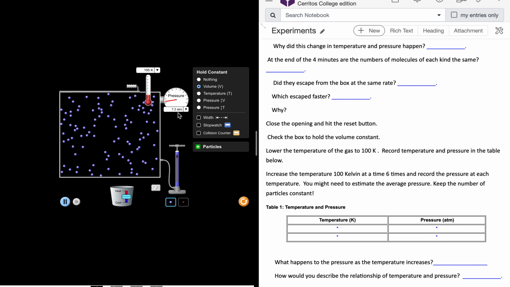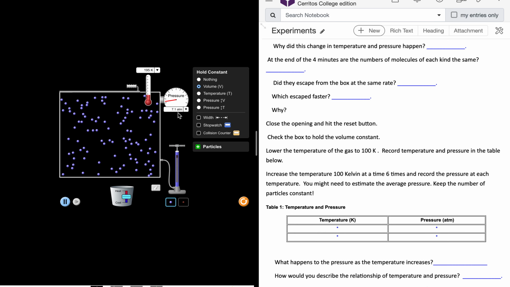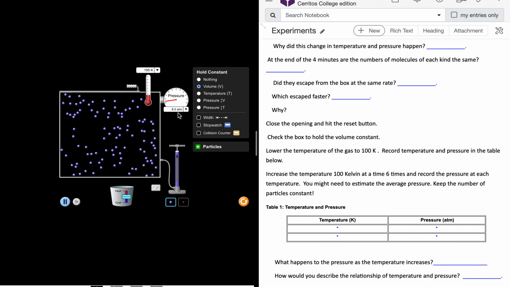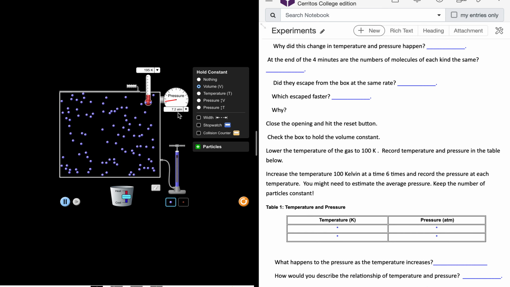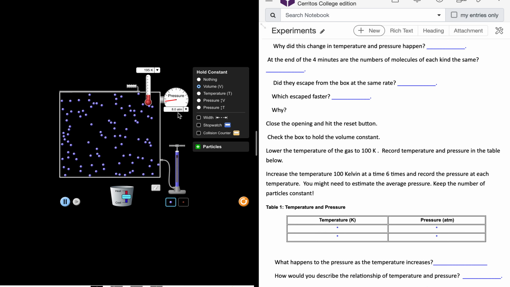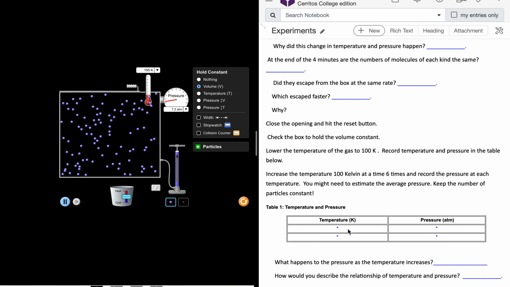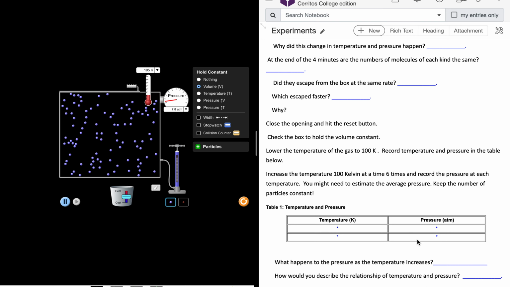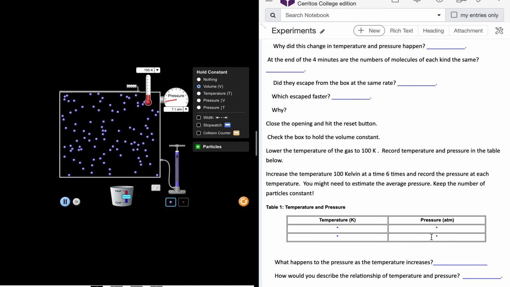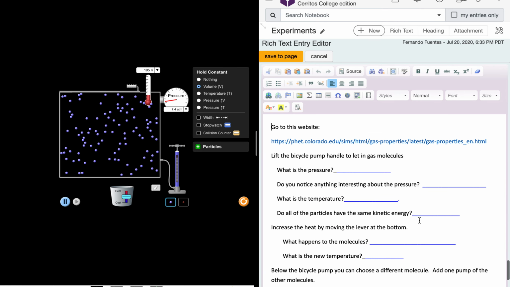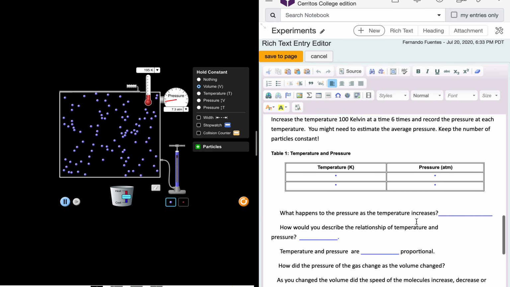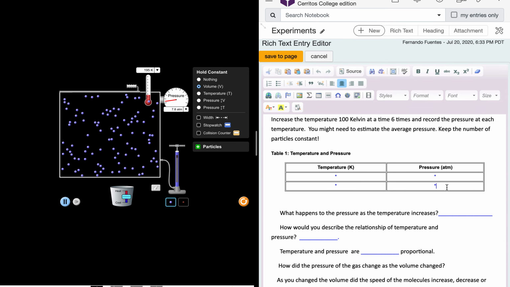So as you can see, the relationship between temperature and pressure is that however many times we increase the temperature, the pressure is also multiplied by exactly that amount. You're gonna do it 6 times, so until you reach 600. To add another row, just hit tab.